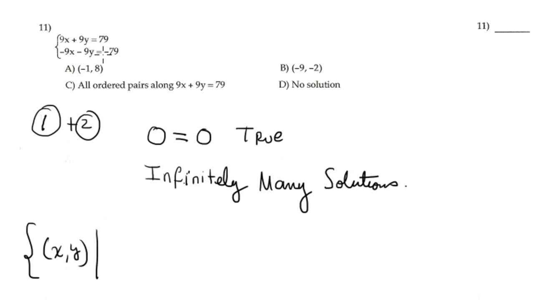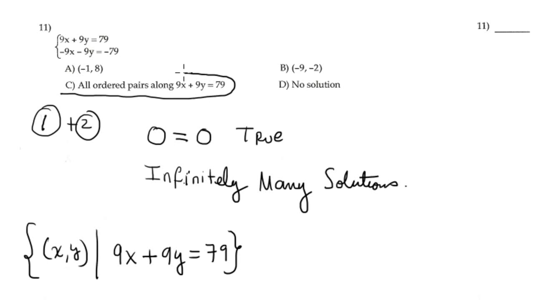It doesn't matter which equation you want. You copy, for example, the first equation: all the ordered pairs that satisfy the first equation or the second equation, it doesn't matter what you copy. It's the same thing because basically they are dependent equations. And this is the answer that they want, which corresponds to all ordered pairs along this line, which corresponds with the option C.